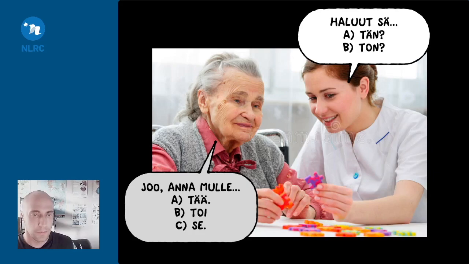And for the resident, C would make the most sense since it's not associated with her at the moment, she doesn't have it. But it's also something that's clear in the conversation, it's something that's been established and brought up already. So, joo, anna mulle toi.